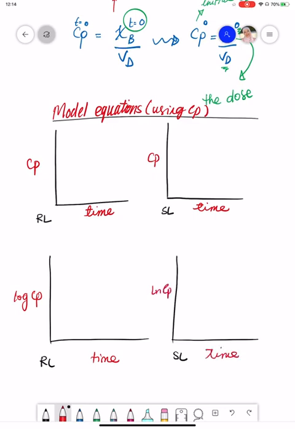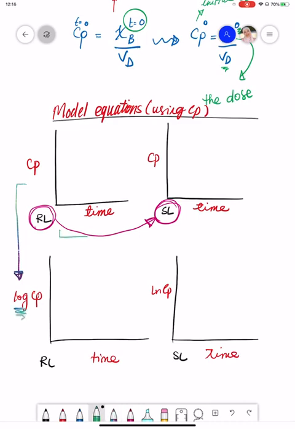Again, the only difference between this and this profile is the graph that we are using. And the only difference between this graph and this one is the log transformation. The only difference between this graph and this one is the ln transformation.